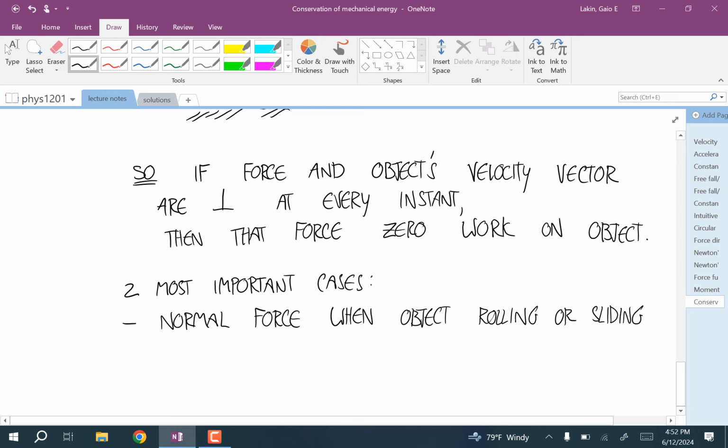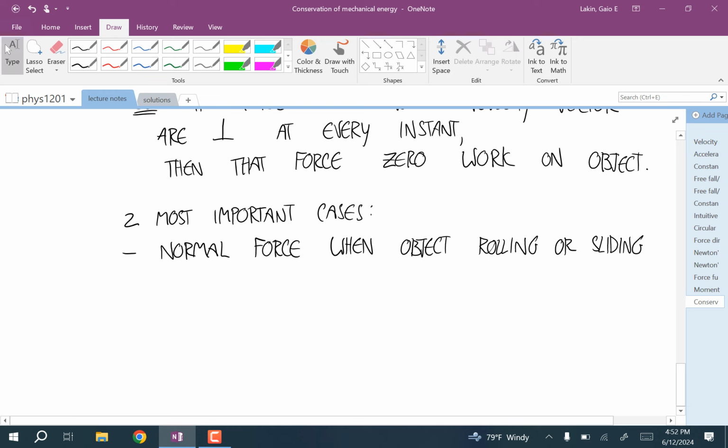Okay, so let's think of kind of my go-to example in a lot of cases. Let's just think of this cart that's moving to the right. This is the direction that it's moving. I don't want to make that part of my free body diagram, but there's a weight force going down.